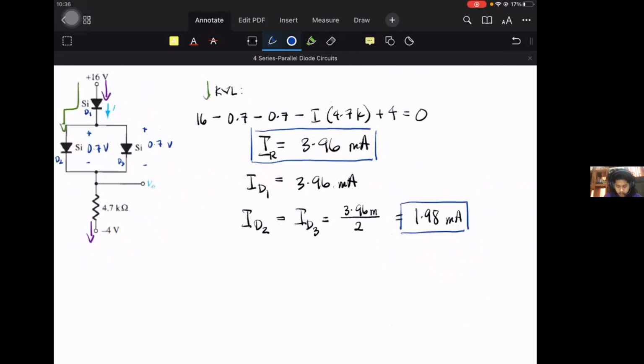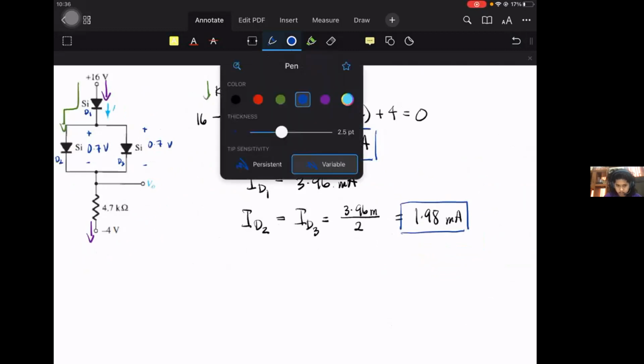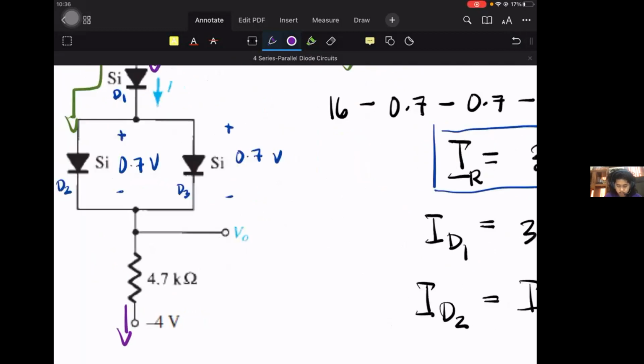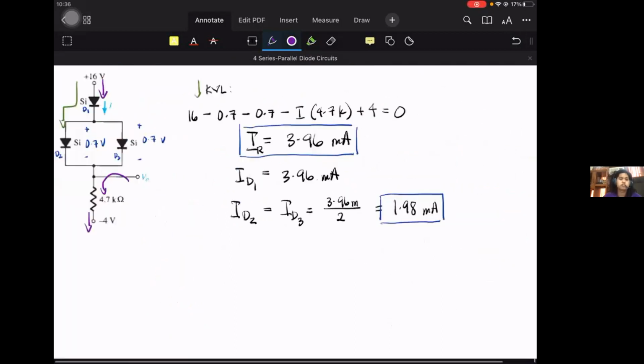What else? VO. So VO. Pwede ito mag-VO dire. Pwede gyapon tong original KVL equation actually. Then pwede gyapon dire, KVL pa diya.